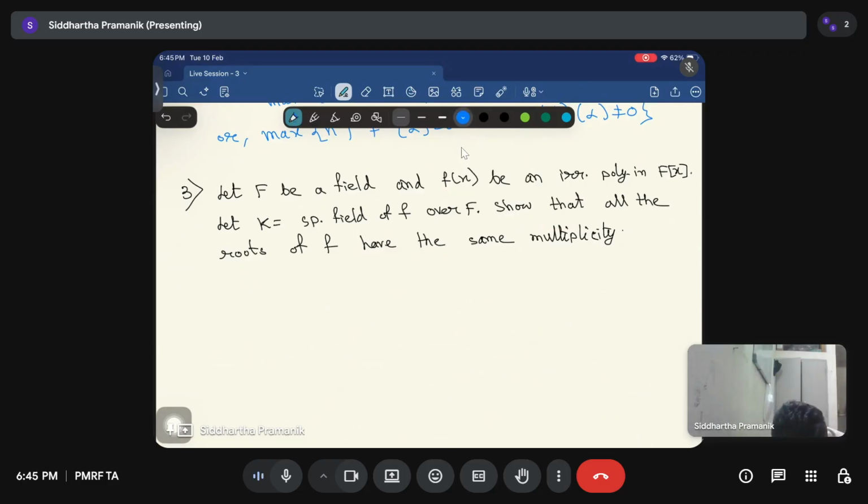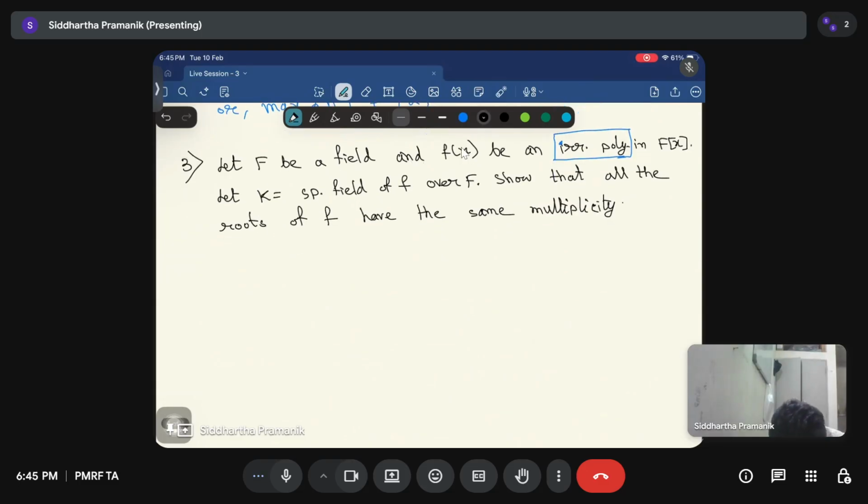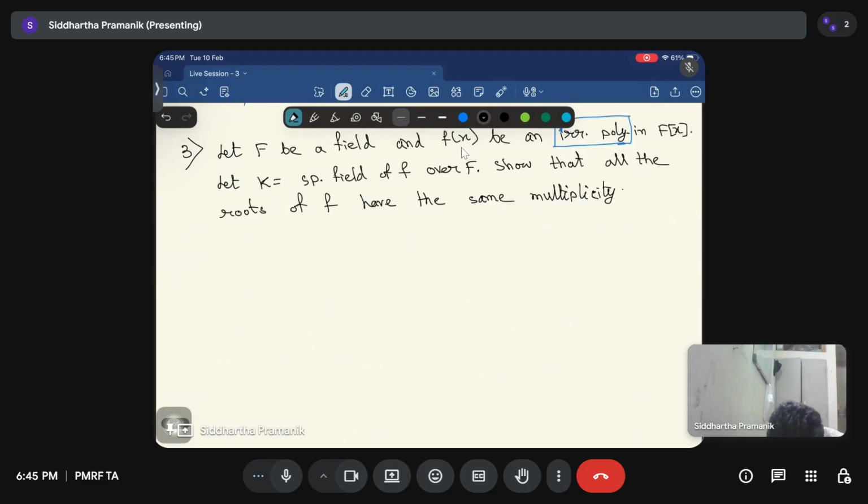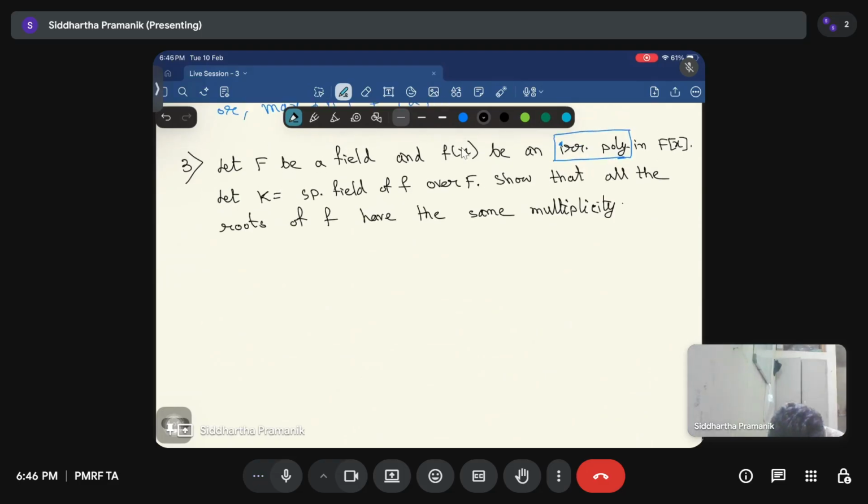So note that in this theorem, f is an irreducible polynomial. This is important. Without this, the statement is not true. We may construct easy examples for that, but let's prove this first. So what is the statement saying?